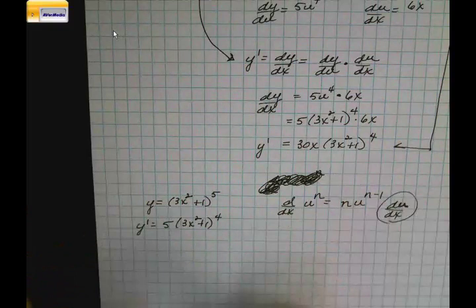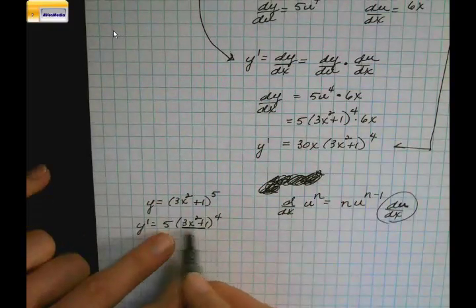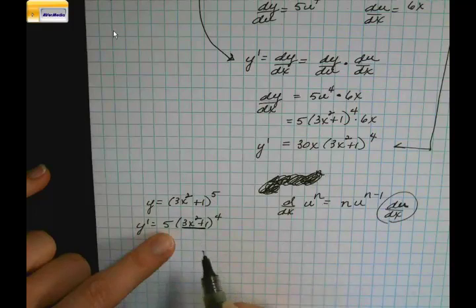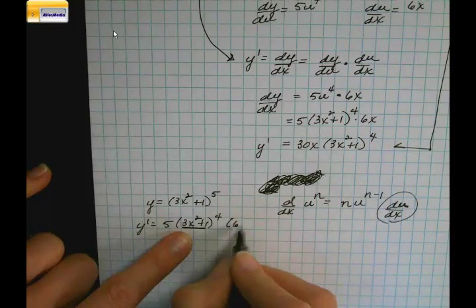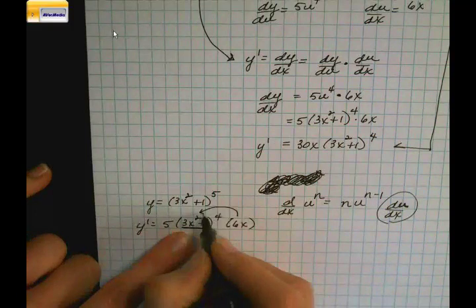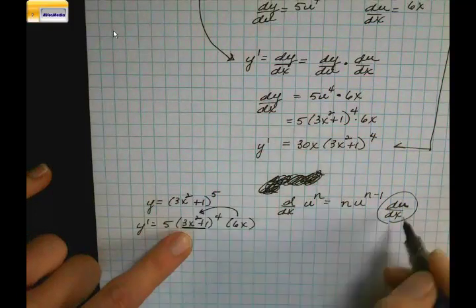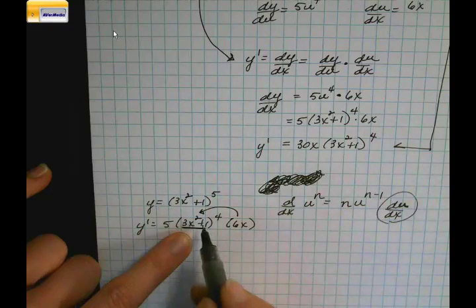Then the du dx is to take the derivative of this that was u, or this polynomial that was being taken to the power of 4. So the derivative of 3x squared is 6x plus 0, or 6x, right? So you take the derivative of what's inside. Du dx is the derivative of that u, which is the stuff inside here.